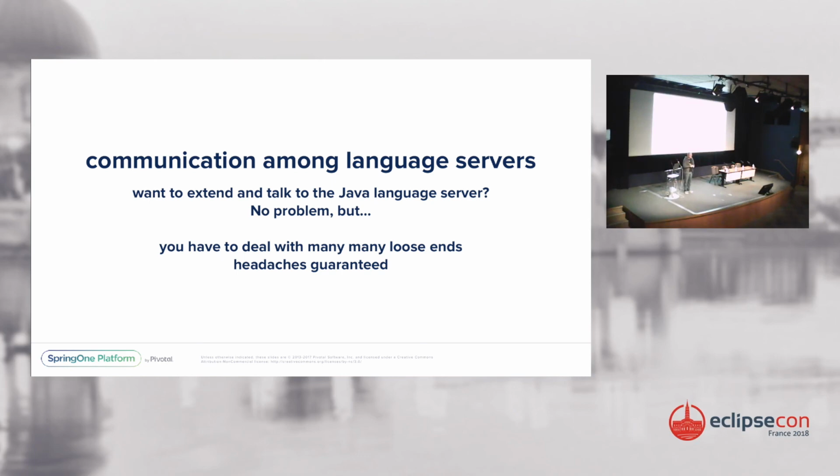But you end up building all these loose ends all over the place again, right? You build your nice language server running on Java. It's great. It's so isolated. You can talk the protocol. That's it. And then we have to build this OSGI plugin that extends the JDT language server. Let's do something totally separate over here. And then have commands going back and forth, and hack the client to send the commands back and forth.